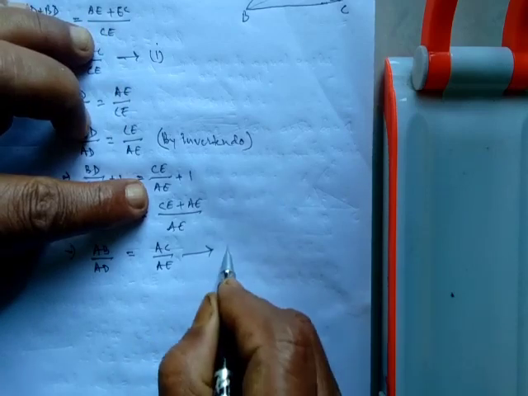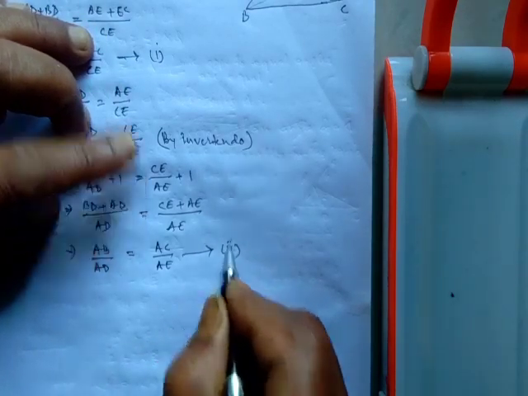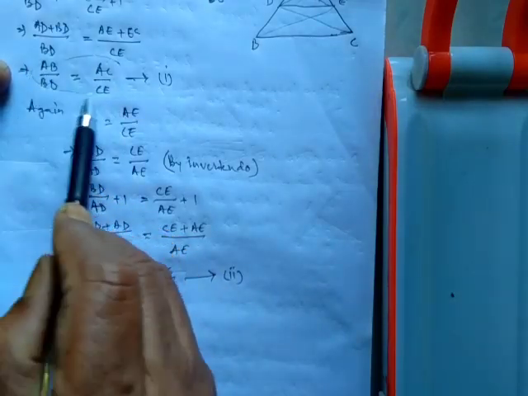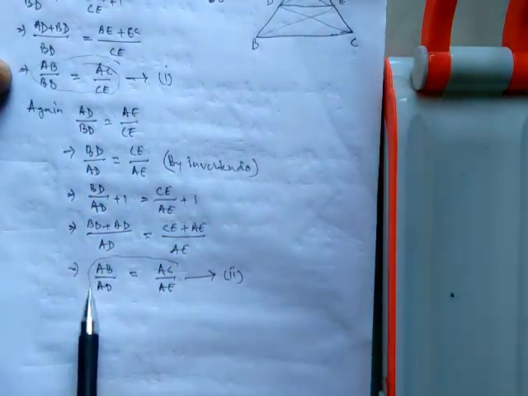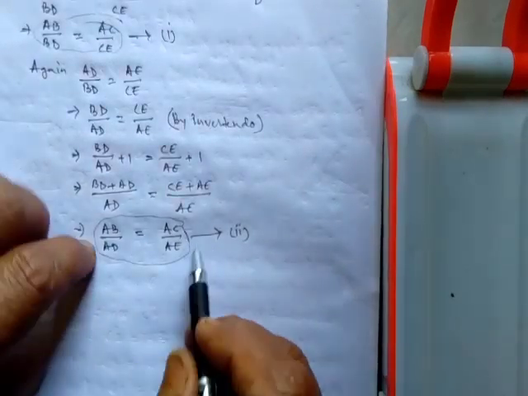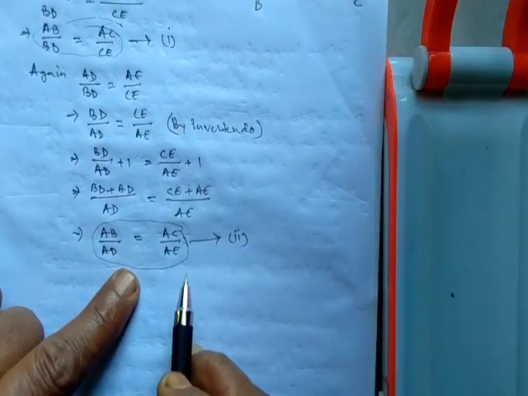This is corollary 2. Sometimes you will see that this ratio is also used in solving different problems, sums.